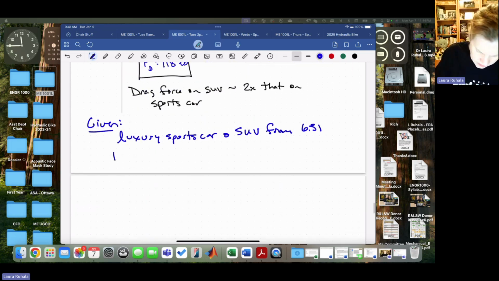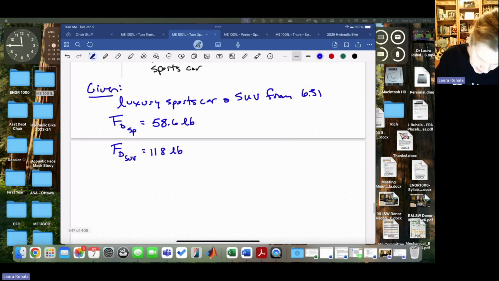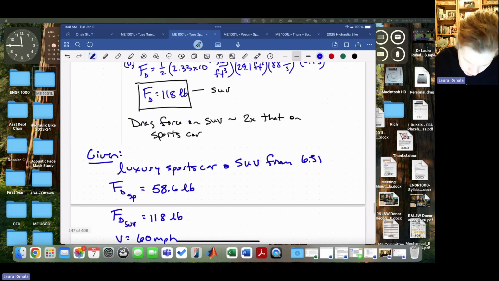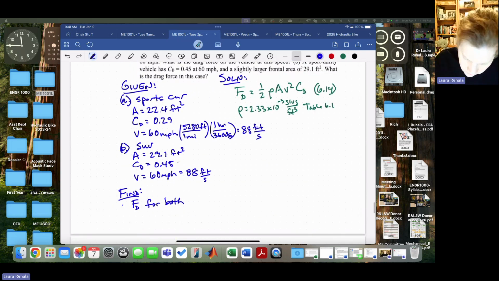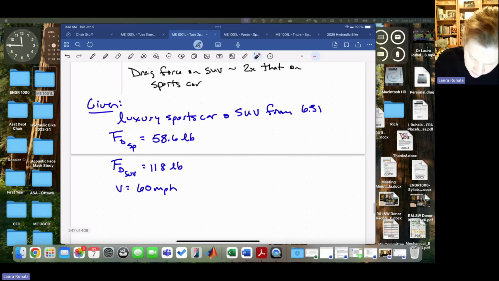The drag force of the sports car is 58.6 pounds, and the drag force of the SUV is 118 pounds. And also the velocity here is 60 miles per hour. In the previous problem, we converted it to feet per second, and we're going to have to use that still. That is equivalent to 88 feet per second.